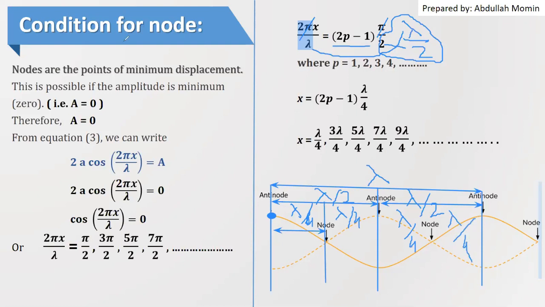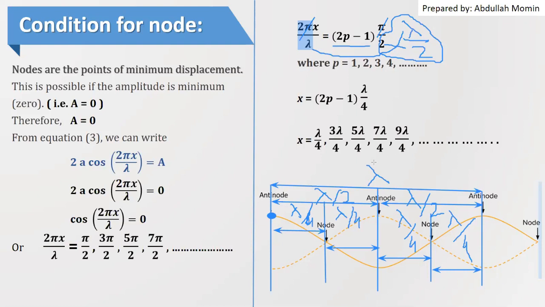So what are we getting? We are getting four equal distances, each of length lambda by 4. If we add them, lambda by 4 plus lambda by 4 plus lambda by 4 plus lambda by 4 is 4 lambda by 4.